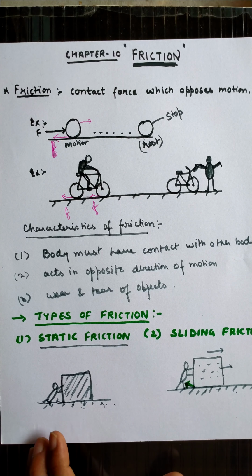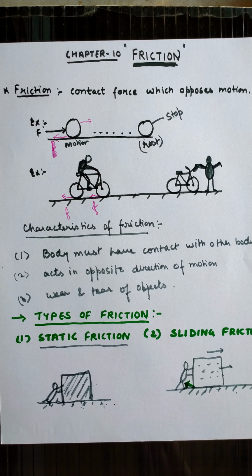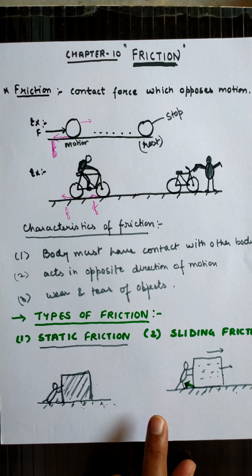That's why the value of static friction is always greater than the sliding friction, because it is easier to move an already moving object than a stationary object.